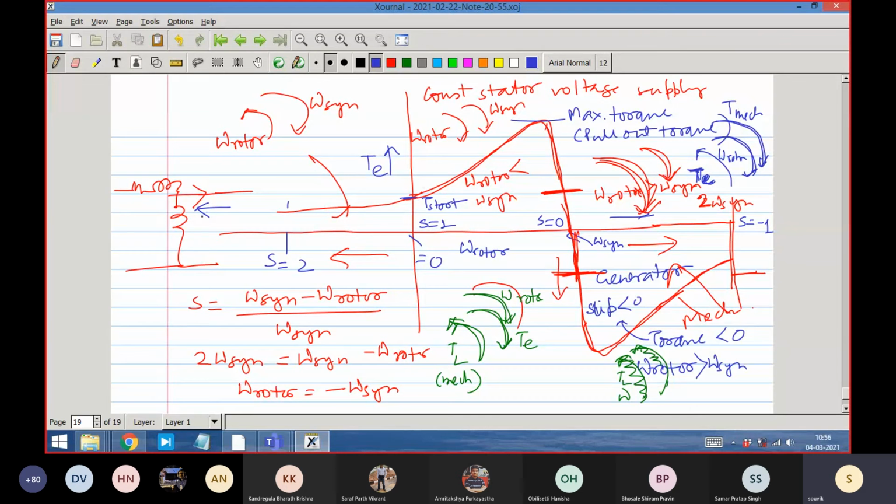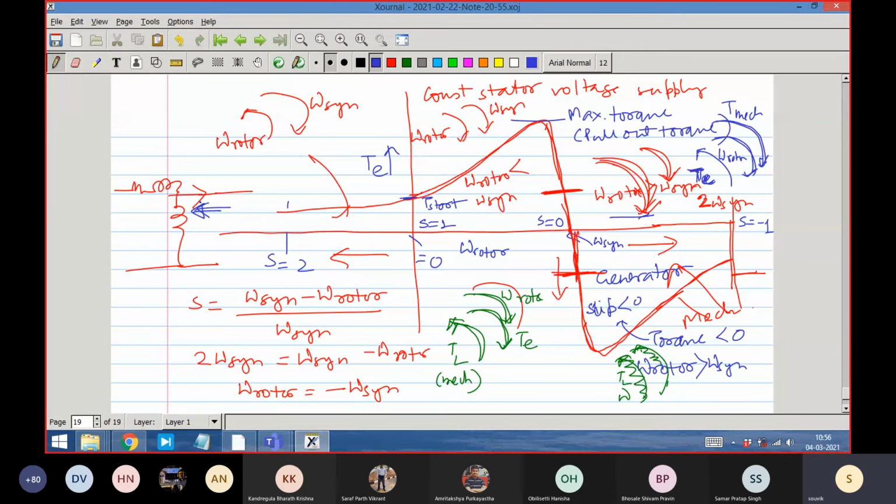So therefore, there is a torque in the reverse direction. It is trying to stop the machine. Mechanical fellow is driving the machine. Electrical fellow is trying to stop the direction of rotation. It is going against the direction of rotation.